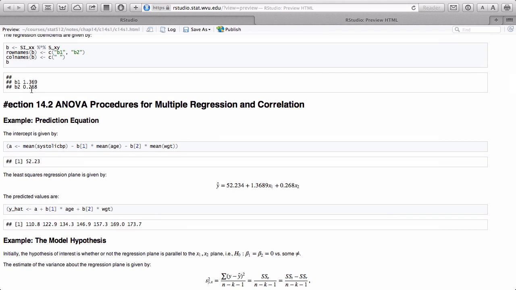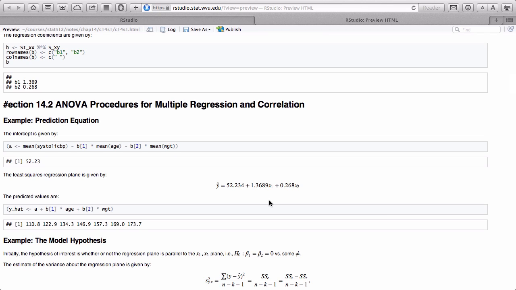In other words, y hat is equal to 52.234 plus the slope for x1, which is 1.3689, and the slope for x2 is 0.268. So that is my model. If I plug in any x1 and x2, I get a predicted value.